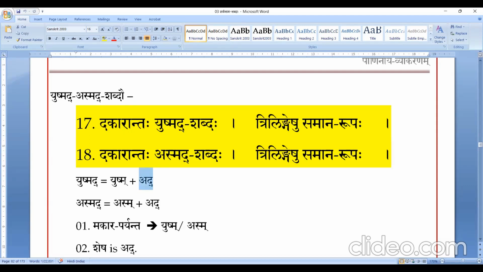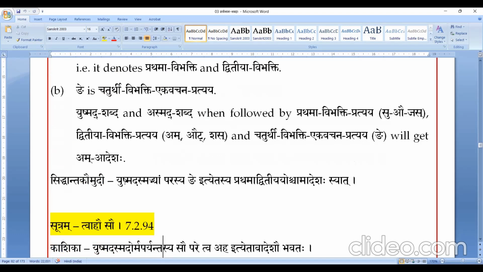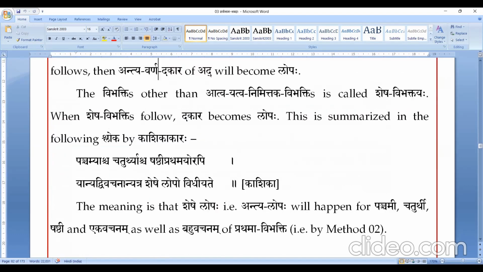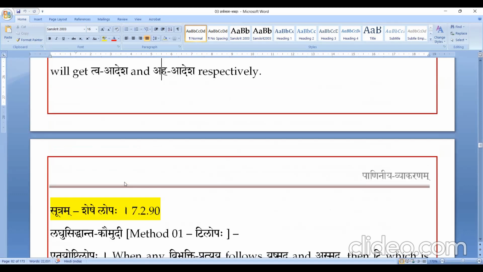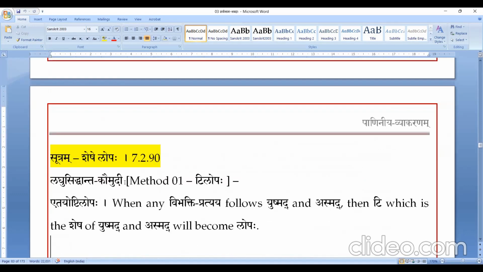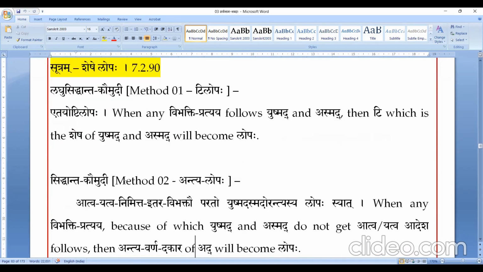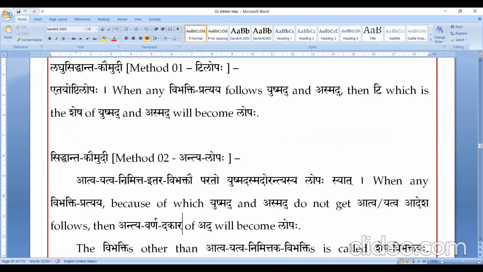Etayoho Shti Lopaha. The Laghu Siddhanta Kaumudi says T Lopaha, Etayoho T Lopaha; Ad is the T. Or by the Siddhanta Kaumudi, Alontyasya, Antyavarnasya Akarasya Lopaha Bhavati.